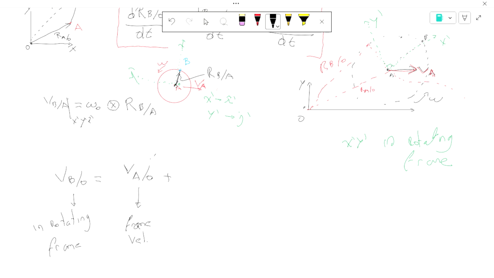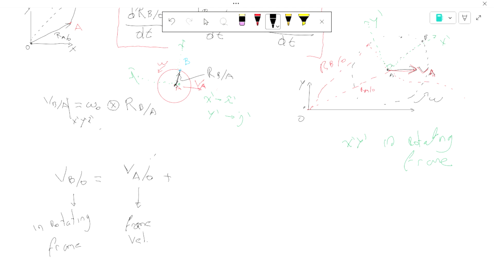It's pointing out from the screen. It's basically pointing at us. Okay, so this is the velocity if you look from the rotating frame of reference, but we need to do it from O, so from the origin.